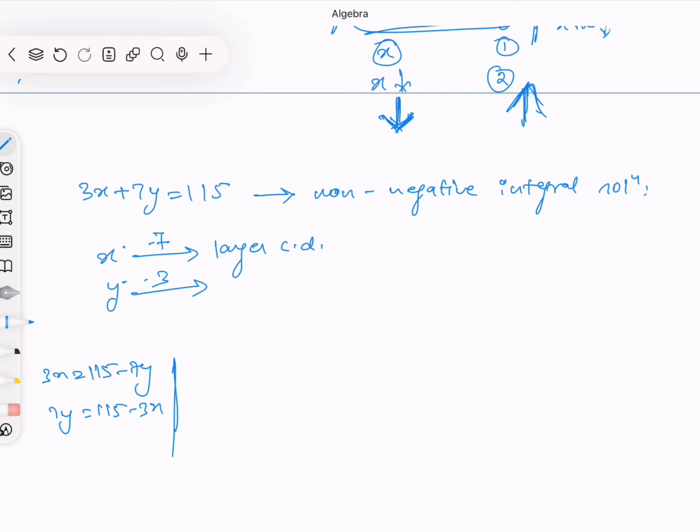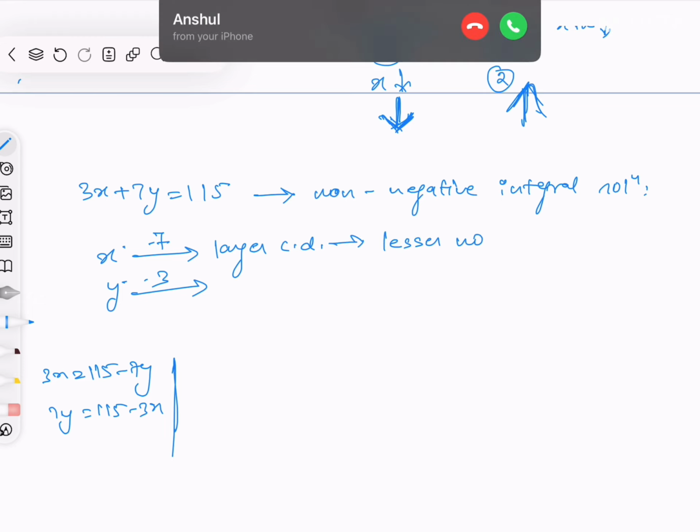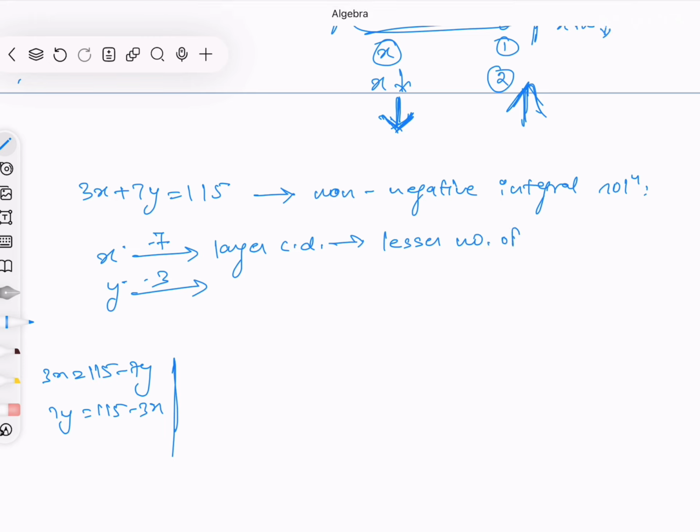So it will have larger common difference, so lesser number of terms. That means the solution depends on x, right? Solution depends on x.